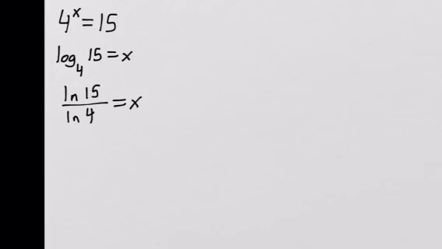The way that I'm going to approach this problem, which is different than the approach your textbook takes, is I'm going to apply the definition of a logarithm here and say that log base 4 of 15 is equal to x. And then, of course, I can use the change of base formula to say ln of 15 over ln of 4 is equal to x.